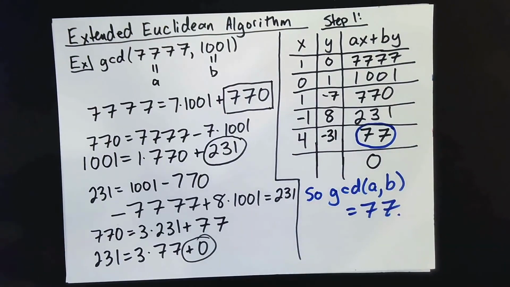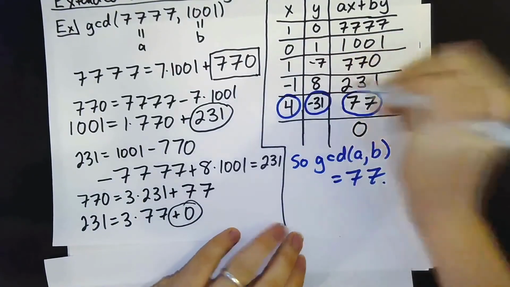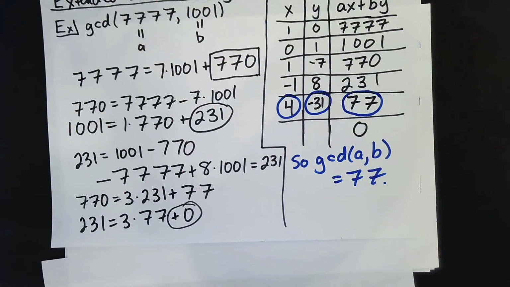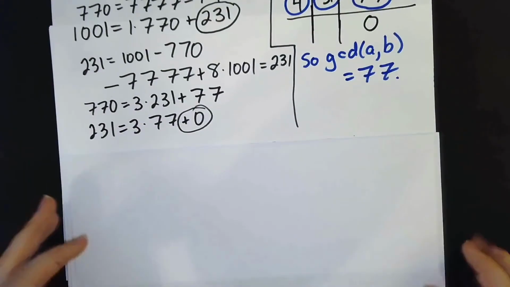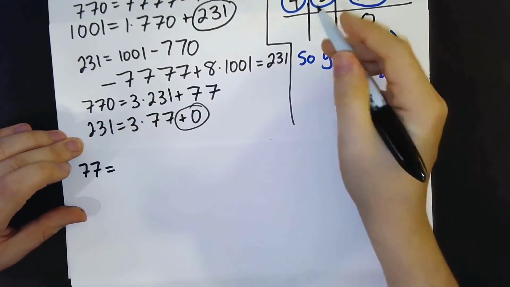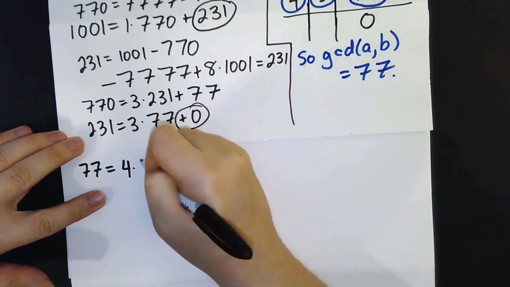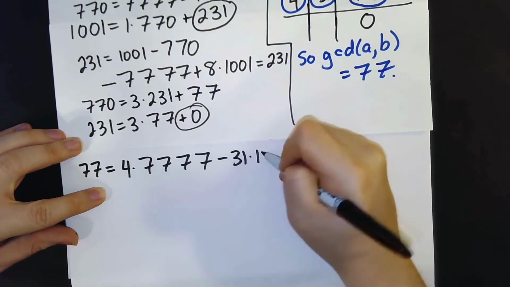But, and here's the thing that makes this the extended Euclidean algorithm, it also told us these numbers x and y. So we learned not just that the GCD is 77, but also that 77 is this combination. It is 4 times this minus 31 times this.